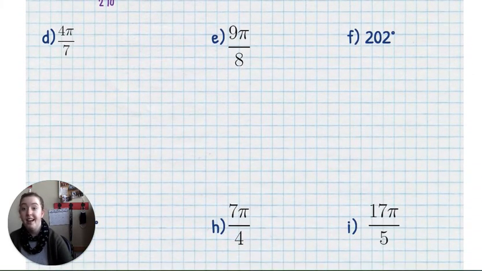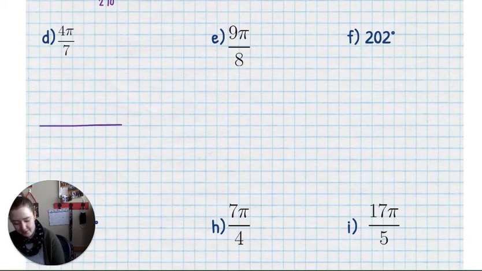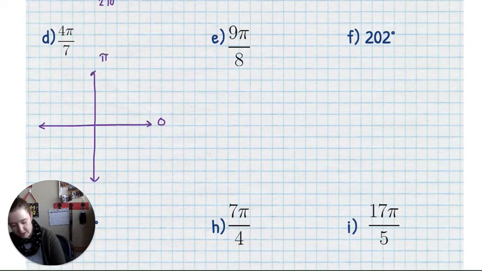Cool. Now let's look at some stuff with radians in there. Just as a reminder, this is 0 pi. Up here is pi over 2, or half of a pi. Over here is pi.